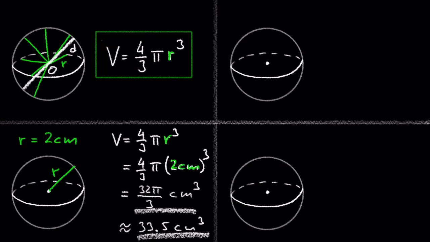Let's look at another example and say the diameter of a sphere is 10 inches. When the diameter is given, the first step is to find the radius of the sphere, which is pretty simple. Just divide the diameter by 2, which is 10 in this example, so 10 divided by 2 is 5.